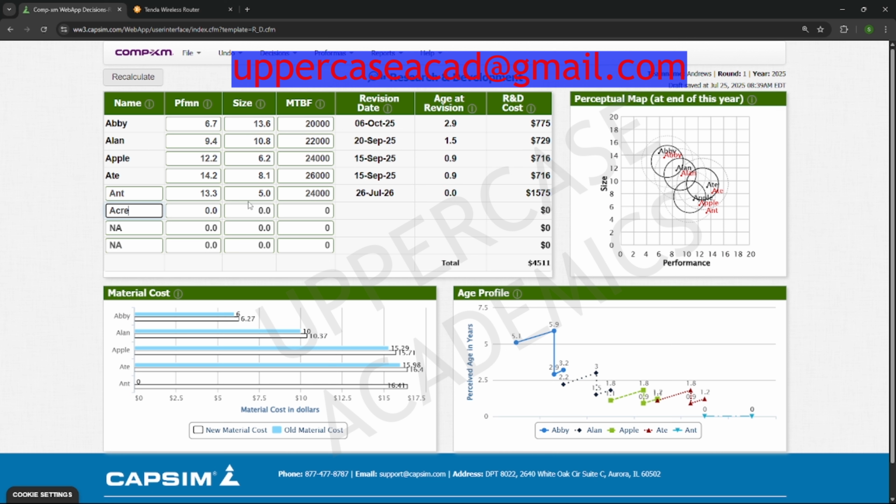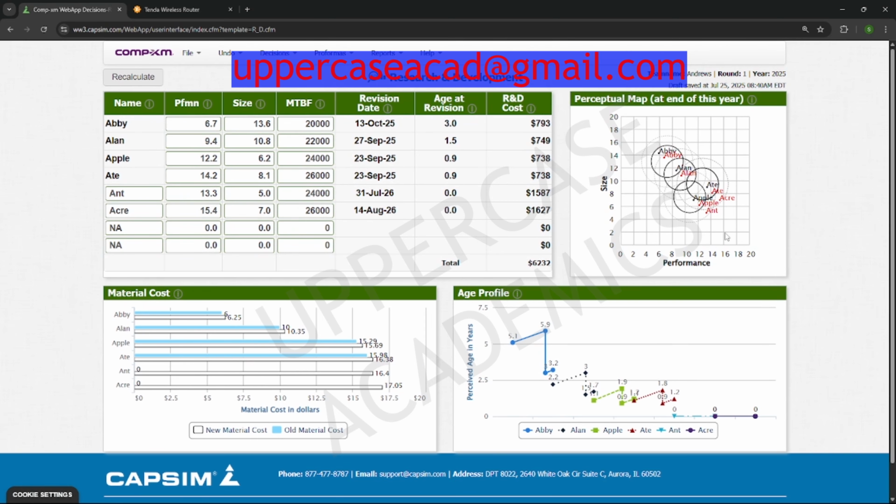I'll give it a performance of 15.4 and a size of 7.0 with an MTBF of 26,000. Now you can see in my perception map, these new products are far here, because I'm anticipating that by the time they are launched and start selling into the market, this circle will already have moved down here.